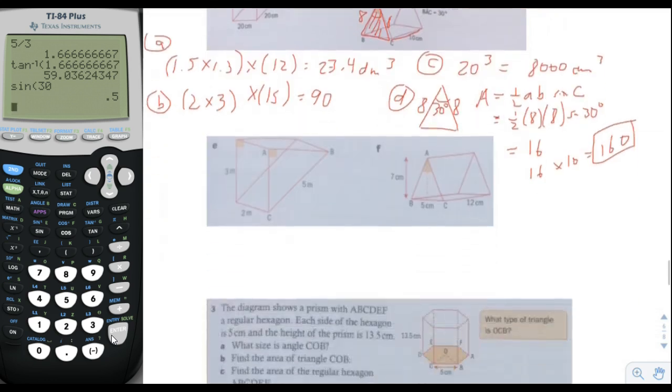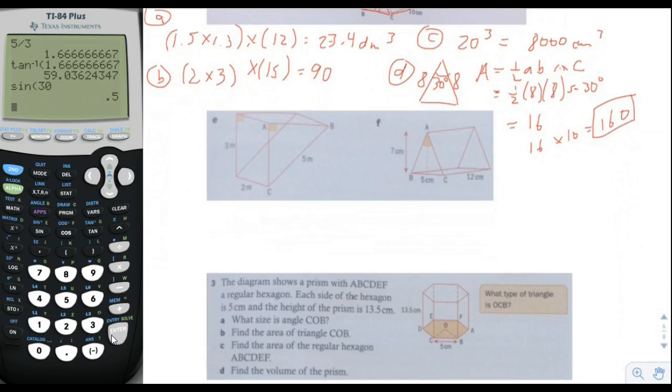What about E? So E is a prism, and to figure out the cross-sectional area, you just figure out the cross-sectional area of this triangle. And this is a right triangle, so not too hard. It's got a hypotenuse of 5, and it has a side of 3 here. And actually, if you use Pythagoras' theorem, you'll find out that this unknown side is 4.